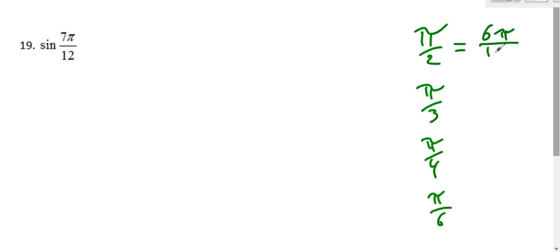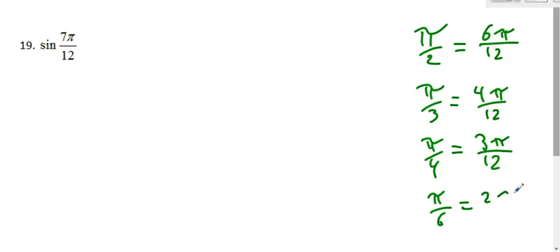So that's 6 twelfths, 4 twelfths, 3 twelfths, and 2 twelfths. Now it's a little bit easier to see how you can get 7 pi by adding 4 pi and 3 pi, you get 7 pi.